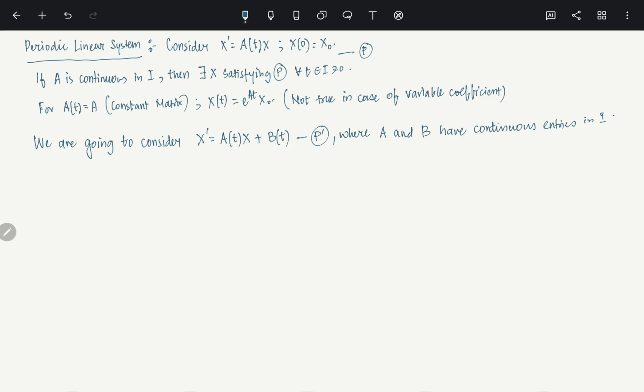Now the question is this: we know that there is a solution for all t in I. That is fine. But if one imposes more conditions on A and B, can we derive something more?